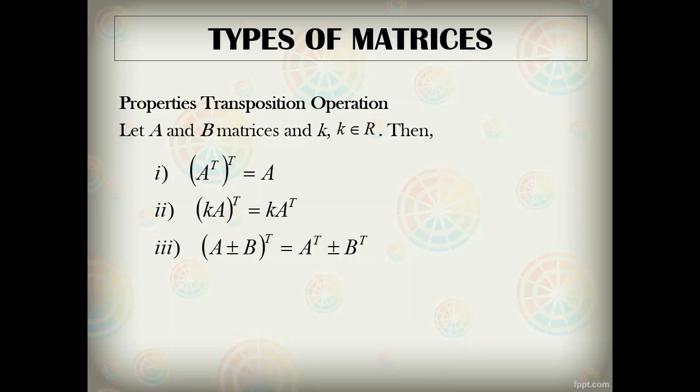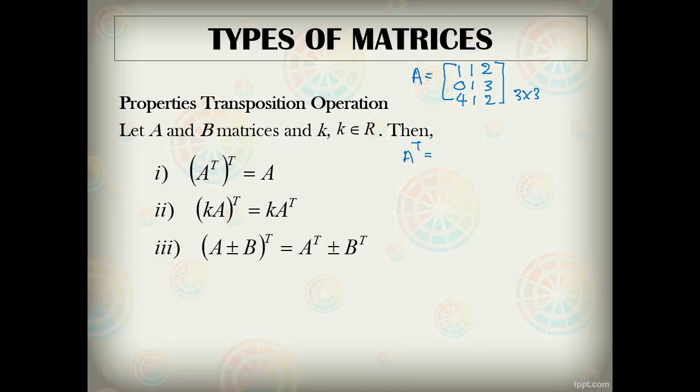Okay, so let us look at one example, just a simple one. Let's say you have a matrix A here, where A is 1, 1, 2, 0, 1, 3, 4, 1, 2. So you have a 3 by 3 matrix here. You have 3 rows with 3 columns. And then you transpose this matrix, that is equal to A transpose here.